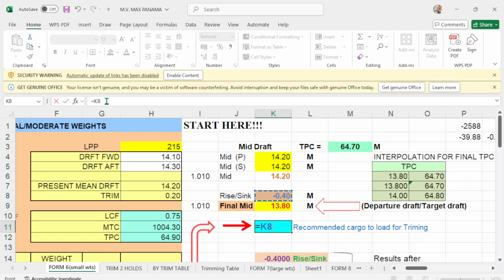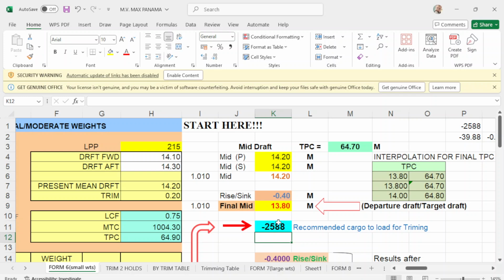So you have K8 here, multiply or times your TPC of 64.70, that is M3, times 100. Then you put enter. Then you have, now you are going to discharge 2,588, okay?